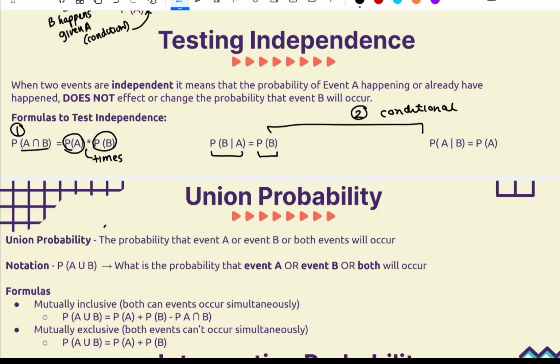As I said before, when we were seeing what is the probability that B happens given A, I find that conditional probability, and then to see if the events are independent, I compare it with the probability that B happens, the second event. So that is testing independence. You can test independence using intersection, or you can test it using conditional probabilities and comparing that to the probability of the second event happening.